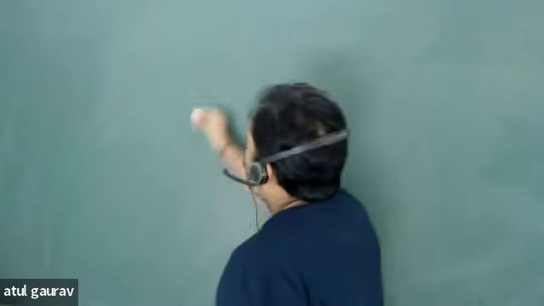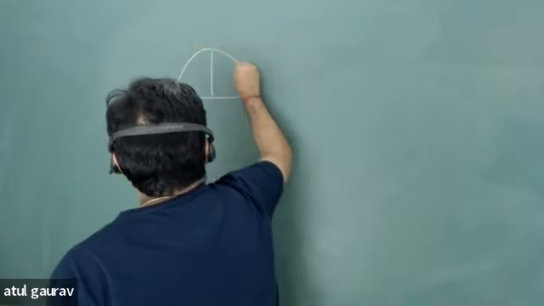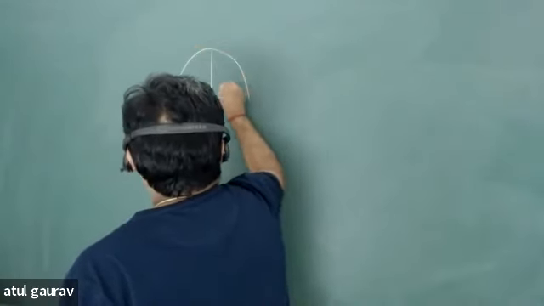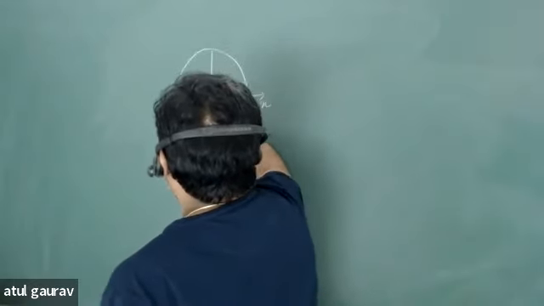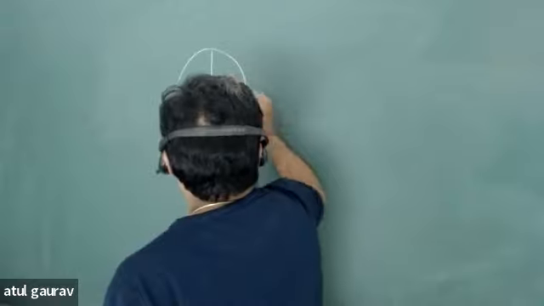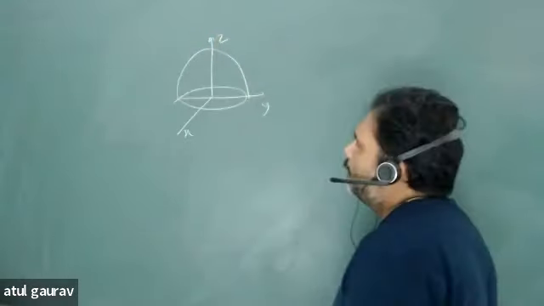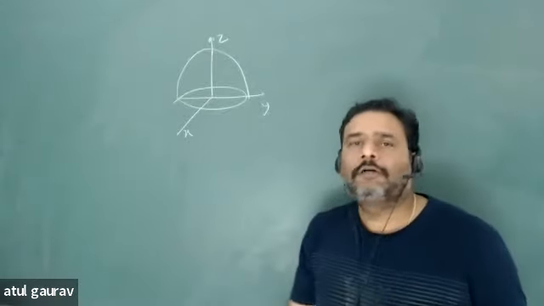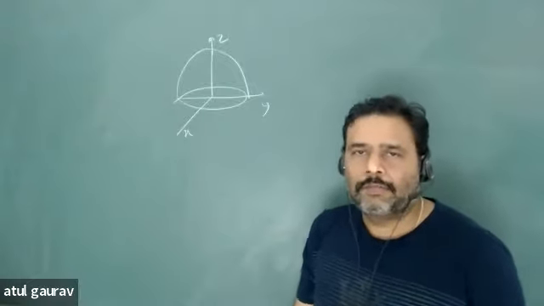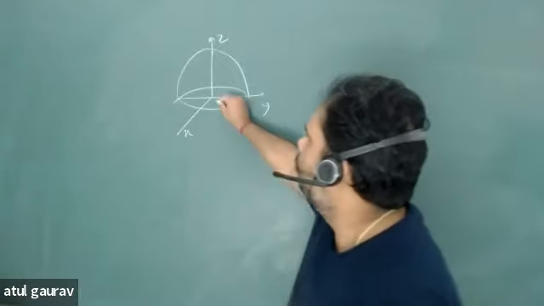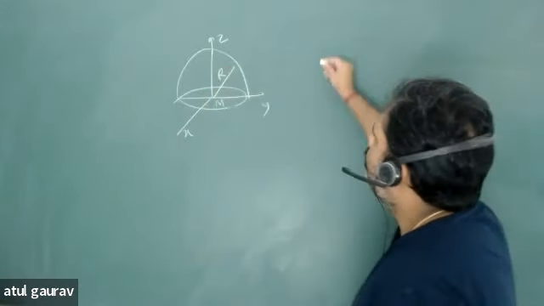So let's try to go for the hemisphere. This is your x, this is your y, and this is your z. Here you have to give the coordinates of the center of mass, and we can assume this is a solid hemisphere. The mass is m, the radius is r. So what will be your xcm?